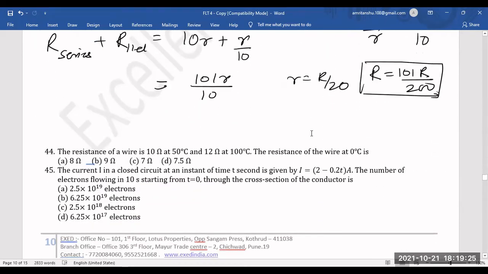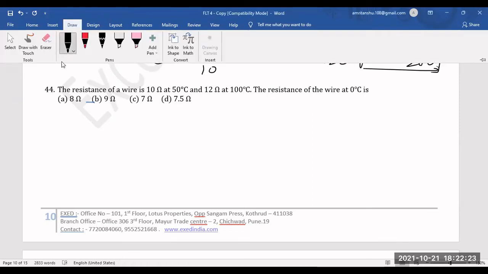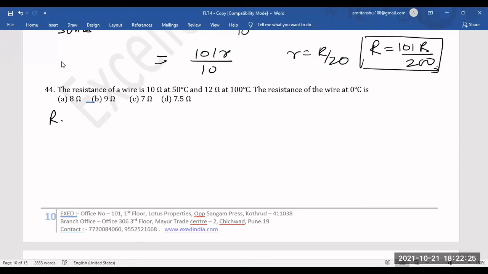Let's see question number 44. So let us now solve question number 44. Here we know R at temperature T is R naught into 1 plus alpha T. Just use this relation.